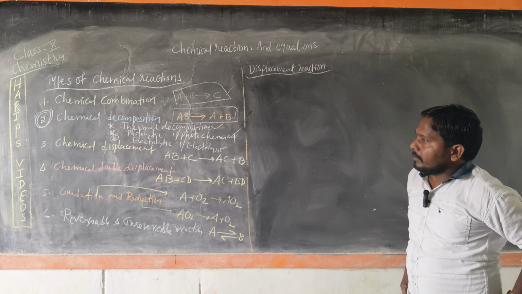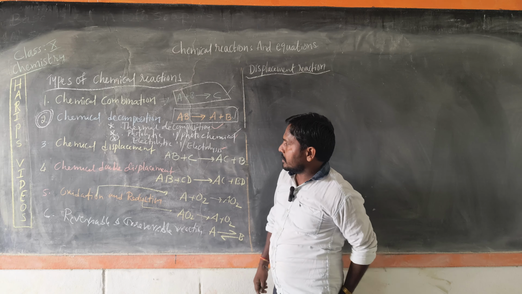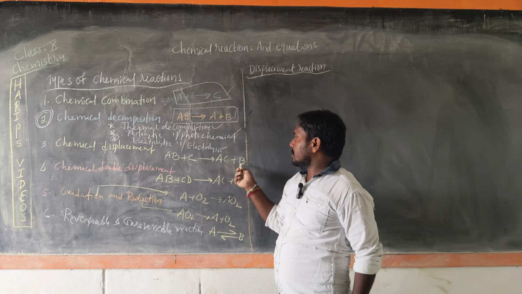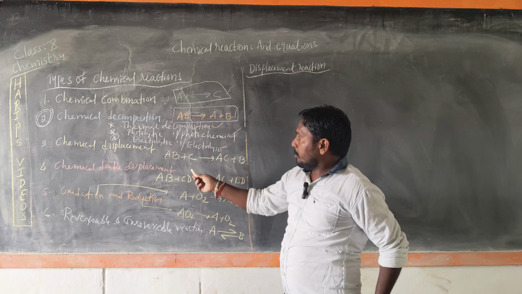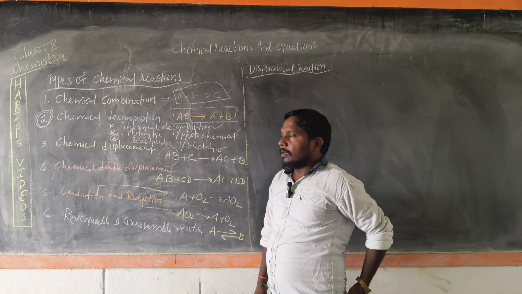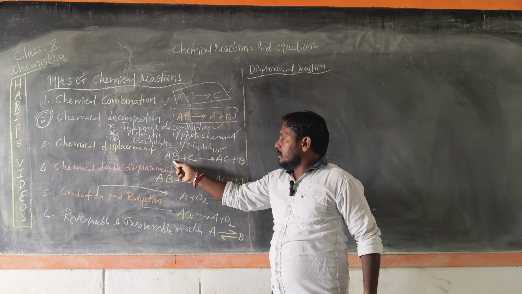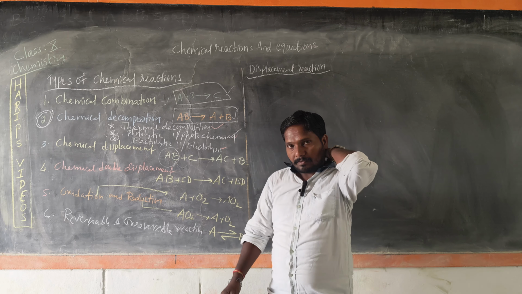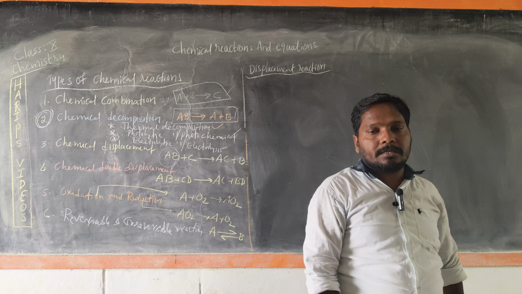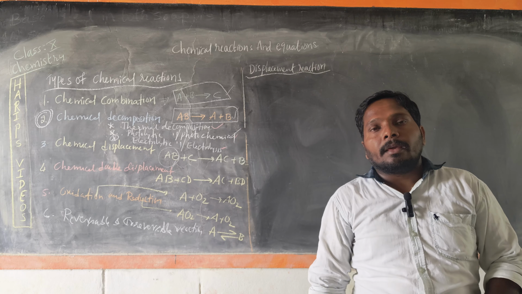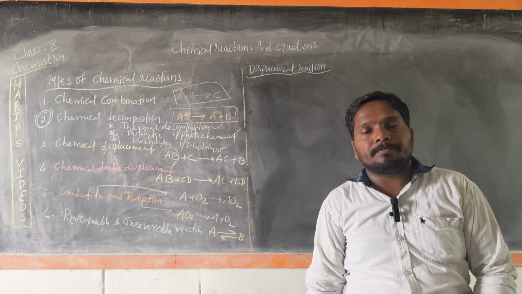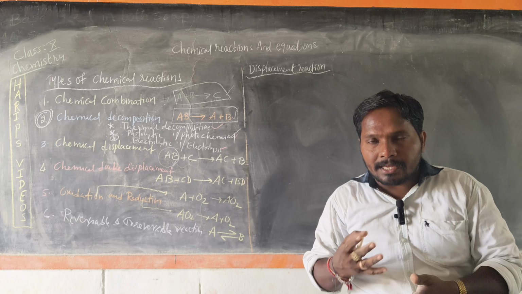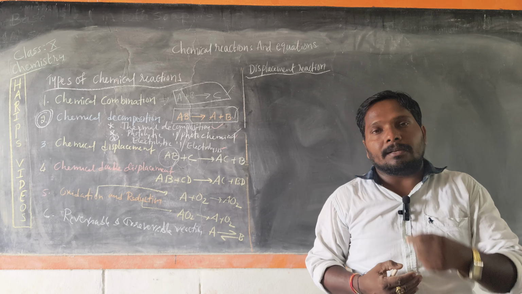Here, in case of chemical displacement, see here, AB plus C gives rise to AC plus B. AB is the substance, in that B is replaced by C and forms AC plus B. In any chemical reaction, one element is replaced by the other.